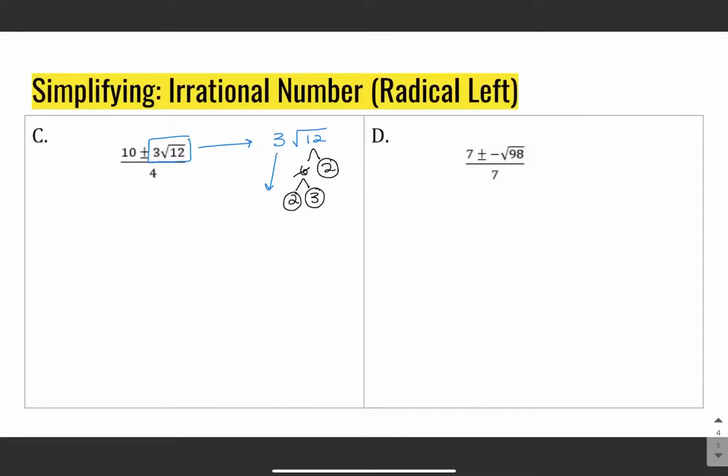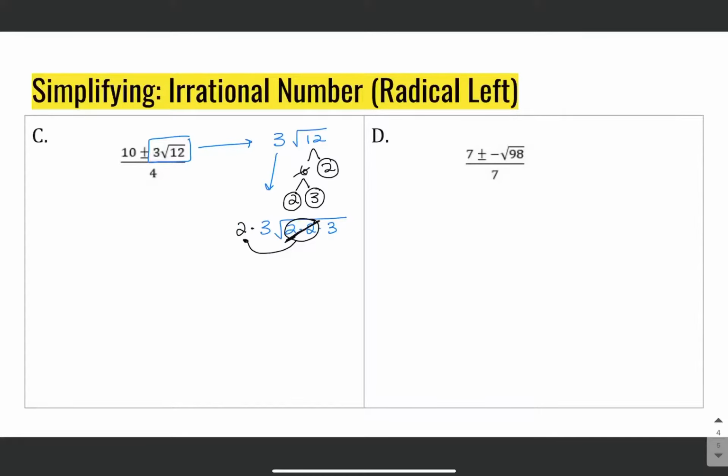I'm going to go ahead and rewrite here. I've got 3 on the outside and then a radical 2 times 2 times 3. Again, this is a square root, so I'm looking for groups of 2. I have 2 2's. One of them is going to come on the outside and get multiplied with 3.